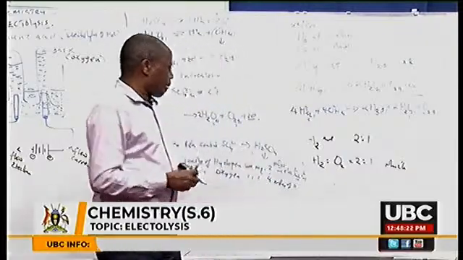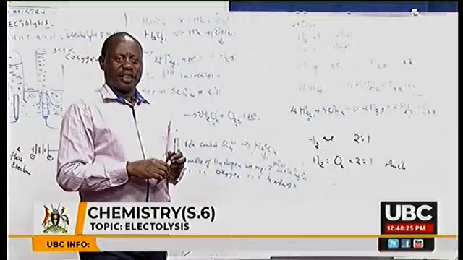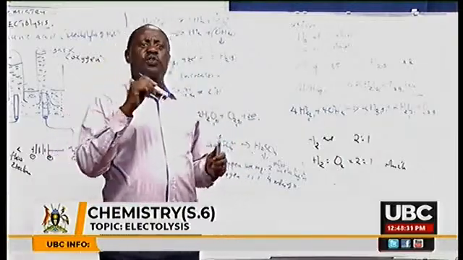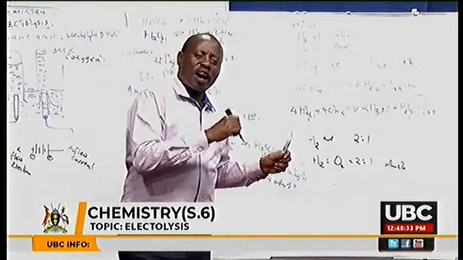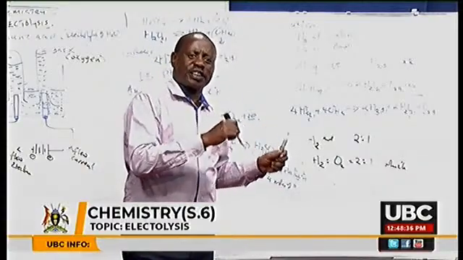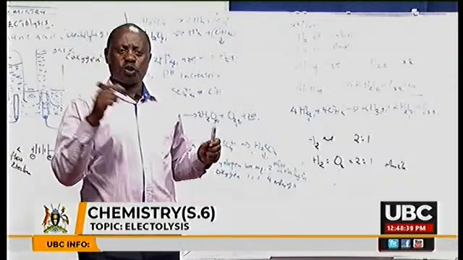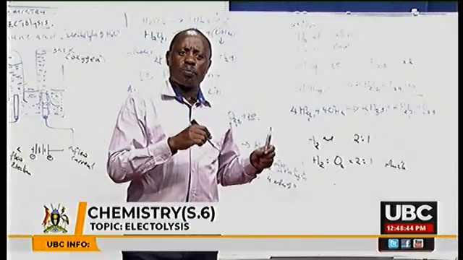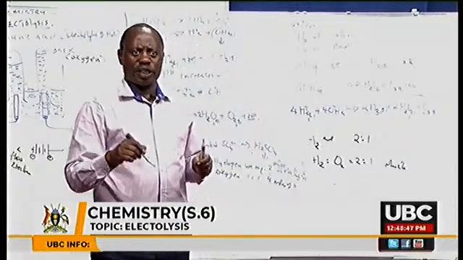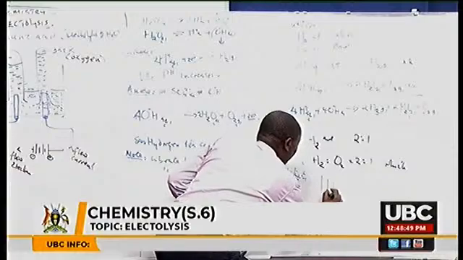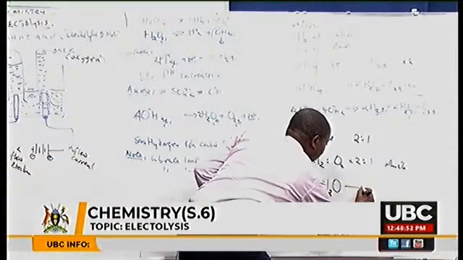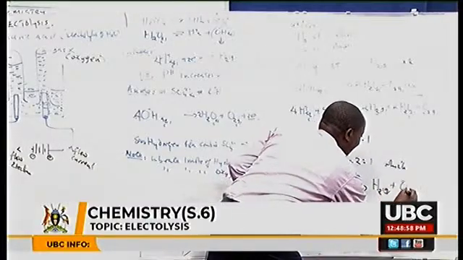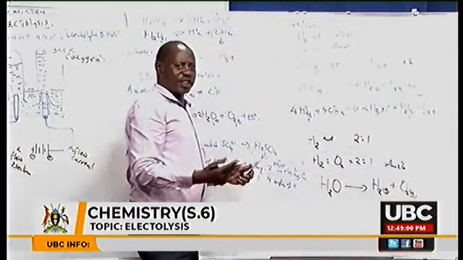Yes, I repeat. When you electrolyze sulfuric acid, the ratio of hydrogen to oxygen produced is 2:1, which is equivalent to the moles of hydrogen atoms and oxygen atoms in water. 2 moles of hydrogen combine to form water with 1 mole of oxygen. So when you decompose water by electrolysis, you get hydrogen gas and oxygen gas, because you cannot get free atoms.